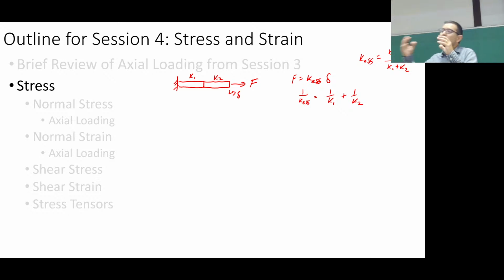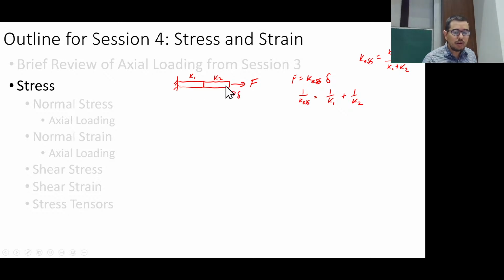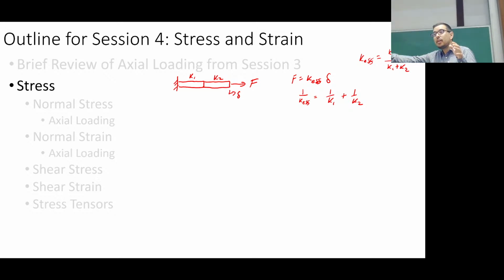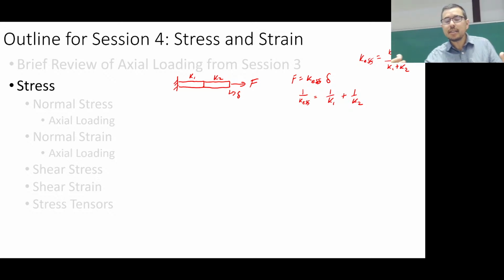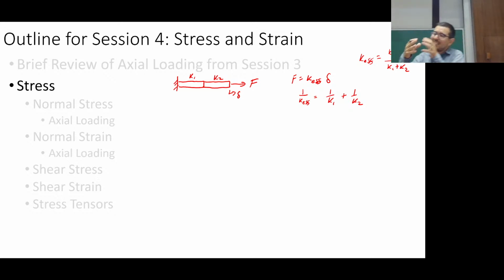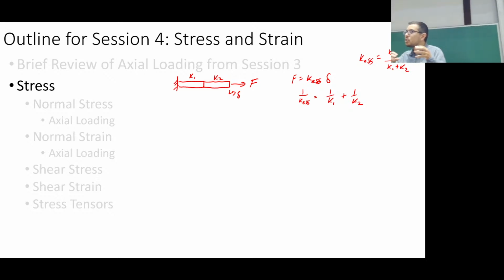But if I make one of these bars longer, or let's just say that I went from 1 bar to 2 bars, so I made that 1 bar longer, does the spring rate, or the spring coefficient, or the spring constant, go up or down? If I have the same material and I just make it longer, does the spring rate go up or down? It goes down, right? It gets squishier.